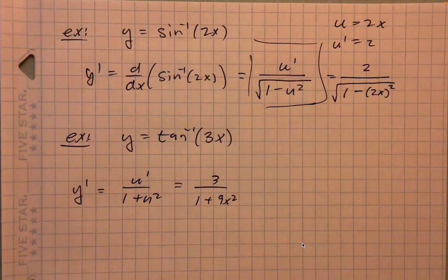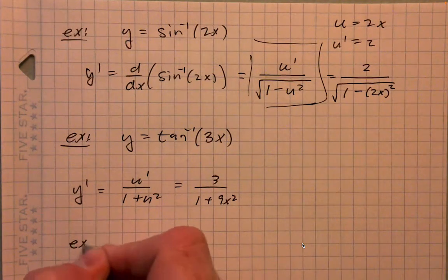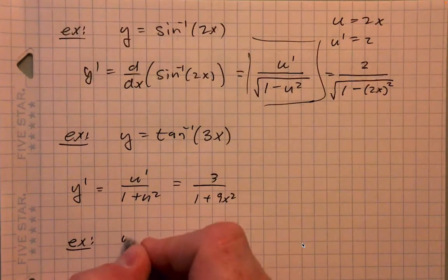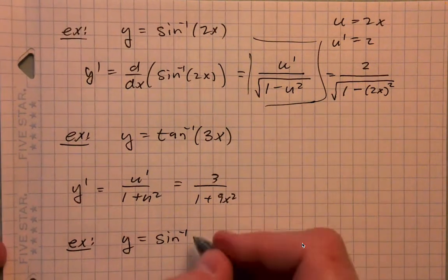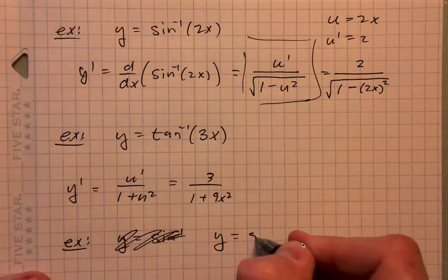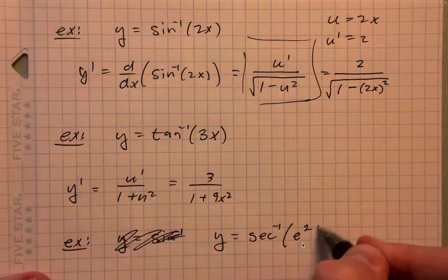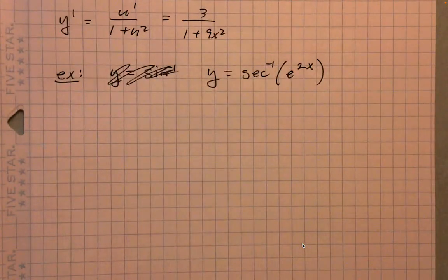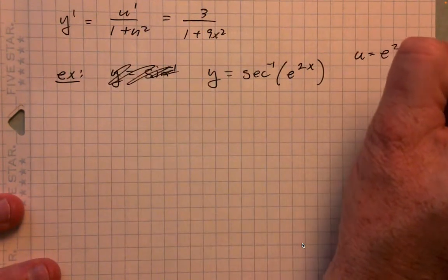Okay. And how about one more? This one won't be as obvious. So y equals the inverse secant of e to the 2x power. What about this one? Here, u is equal to e to the 2x.